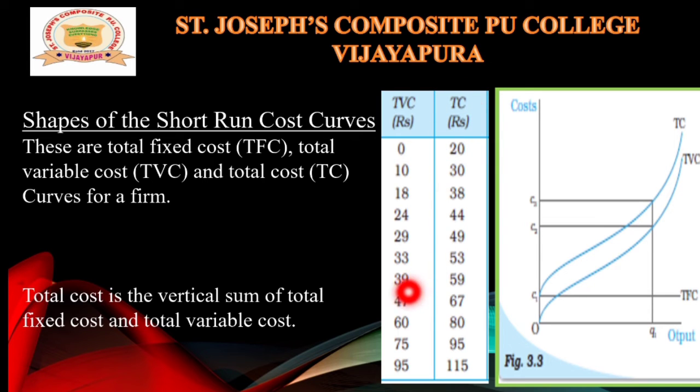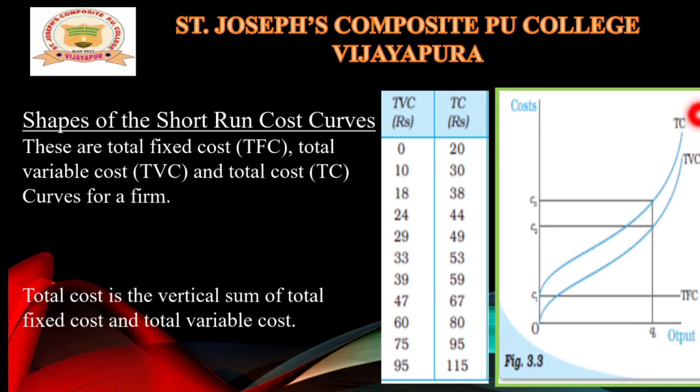Okay, see again, TVC is 39 means TC is 59. That means the total variable cost increases, and as a result, total cost will also increase. That is what we saw in this diagram here.